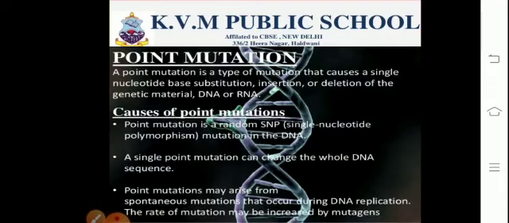Moving on to the point mutation, it is a type of gene mutation that causes a single nucleotide substitution, either by deletion or insertion of genetic material, that could be the base sequence ATGC in case of DNA and AUGC in case of RNA.